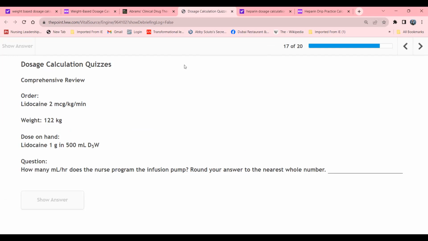Okay, you have everything you need? Not yet. Now, the difference between this one and the ones we were doing is what? What do you have to convert? You have to convert the 1 gram, but what don't you have to convert here? The weight.